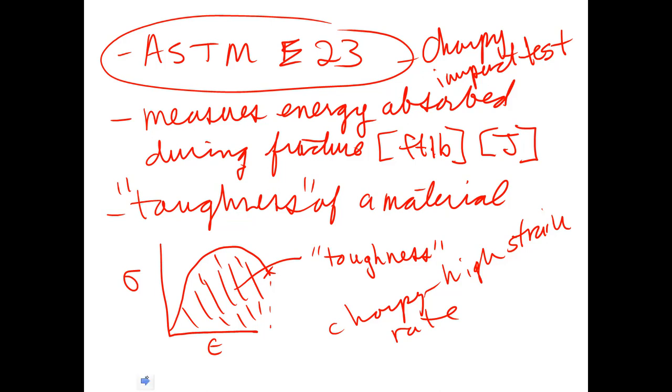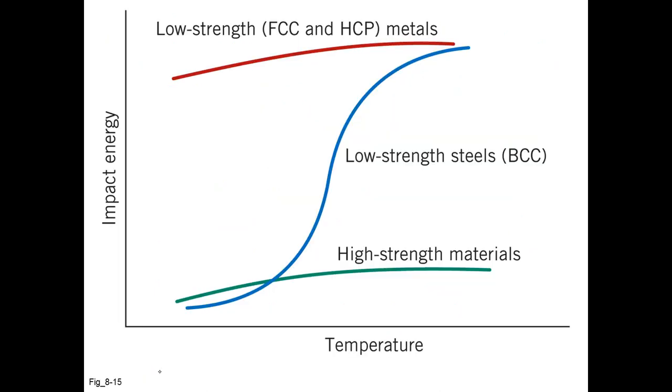So let's take a look at the data that we get then, in this case as a function of temperature. We're plotting here impact energy versus temperature, and we begin to see that certain metals, and in particular low strength steels, have dramatically different behavior.